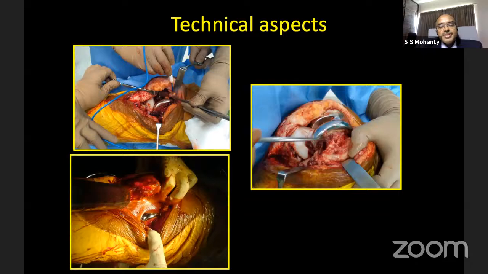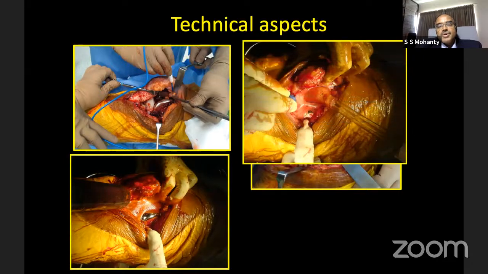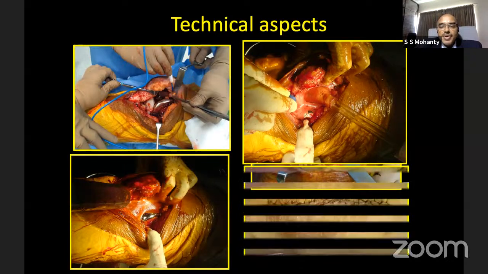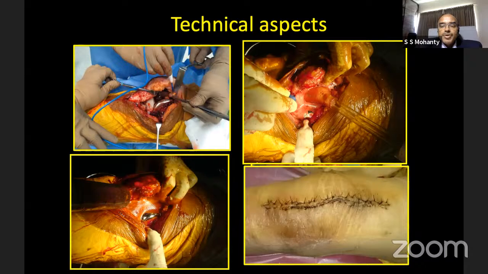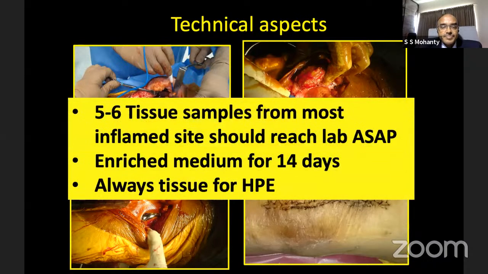I do it with Betadine, hydrogen peroxide, use the pulsatile lavage at low pressure, and a minimum of 9 to 12 liters of normal saline with antibiotics may be used. And sometimes we may use anti-biofilm agents like chlorhexidine or ciprofloxacin. All these things help in removing the biofilm, and do the suture with monofilament nylon.